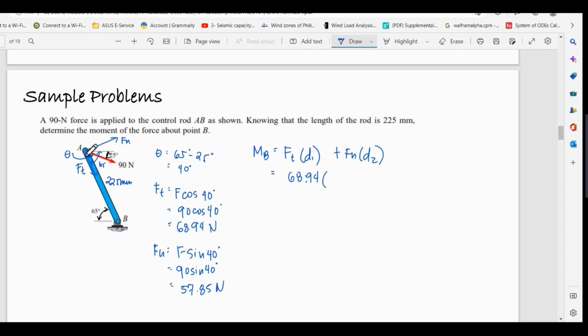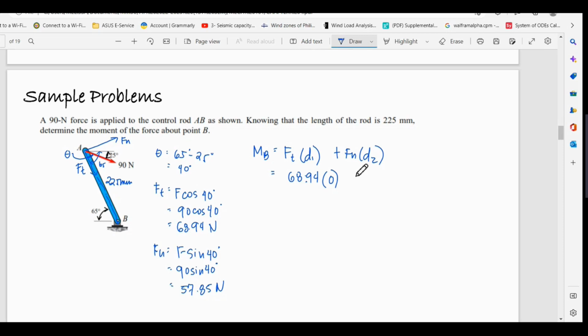Ito yung ating FT, no? So, it lies on the same line of action as our point P as I have presented kanina. Pag mga ganito, if we have our point P lying on the same line of action of the certain force, therefore, hindi tayo makakapag-create ng any distance perpendicular to this point, diba? Dire-diretso lang yan. Therefore, the distance is equal to 0.